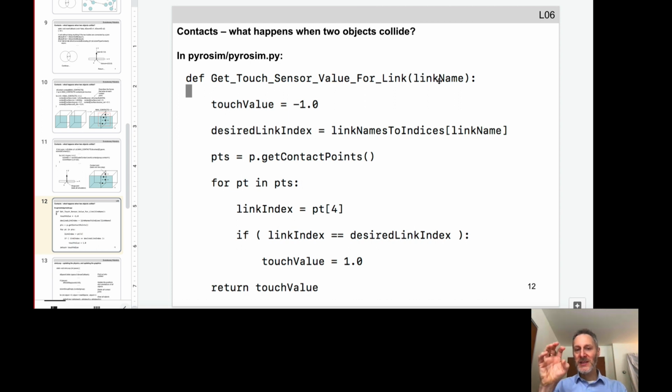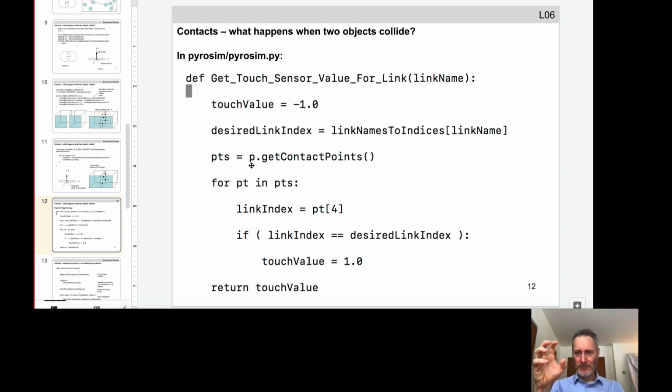So imagine we have a particular link, and we're assuming that that link has a touch sensor attached to it. Again, for the undergraduates, that's exactly what you're doing this week. We're going to start with a default value of -1. We're going to assume that that object is not in contact with the ground or other objects. We're going to get a bunch of contact points back from P, which is PyBullet.